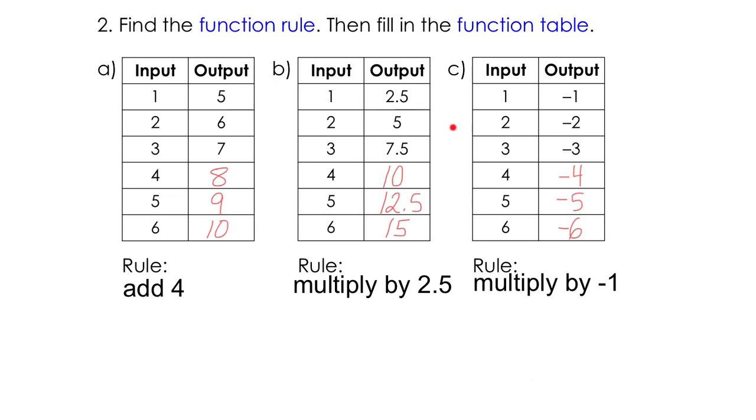Likewise, for the second and third ones, you might have been looking at patterns in the output to find the rest of the output values. However, to find the rule, you want to think about, what are you doing to the input to get the output? So that's where these rules came from, and if you're struggling with that, this is where you should be pausing the video and reaching out for help before you move on to the rest of the lesson.